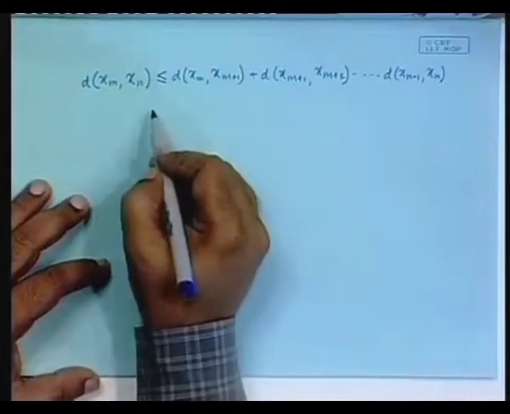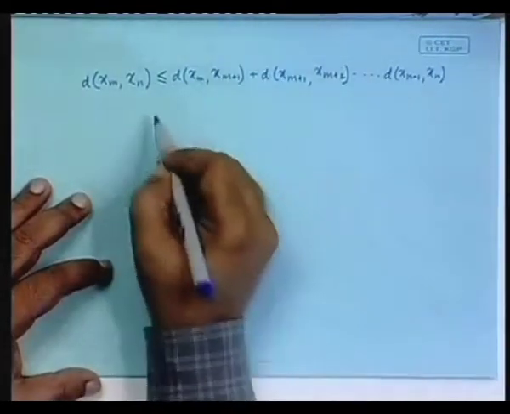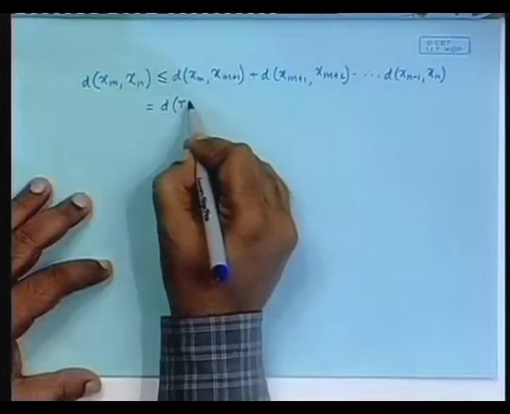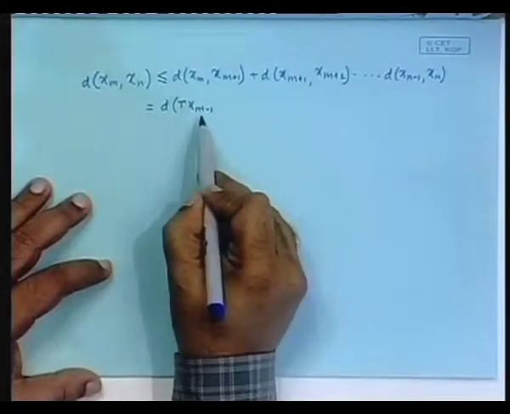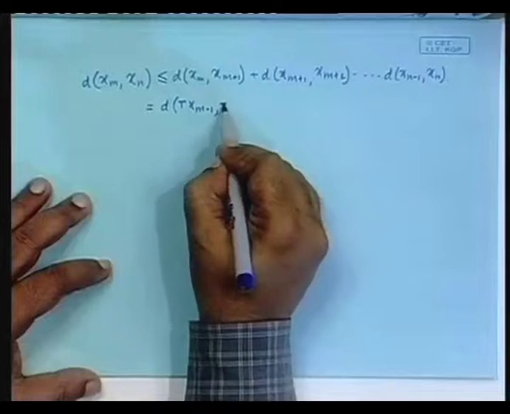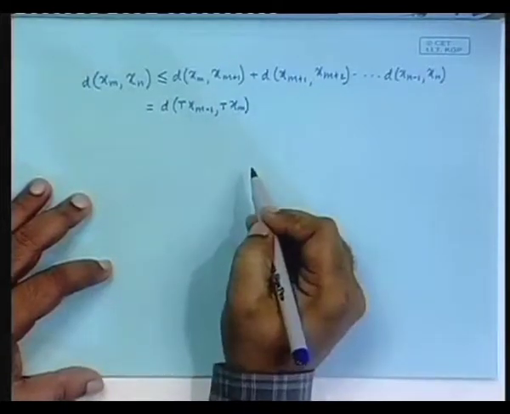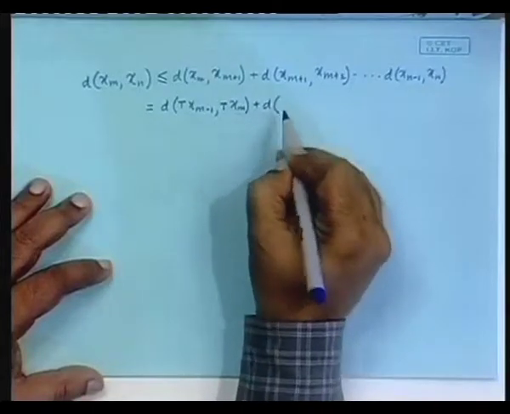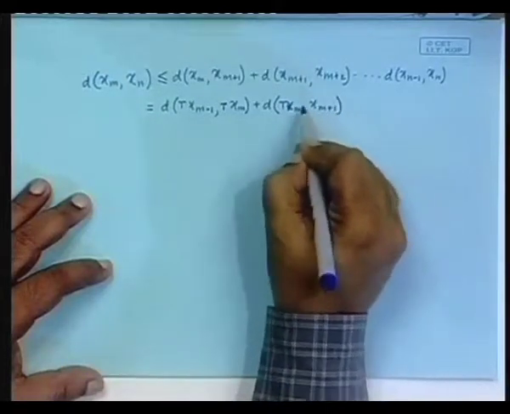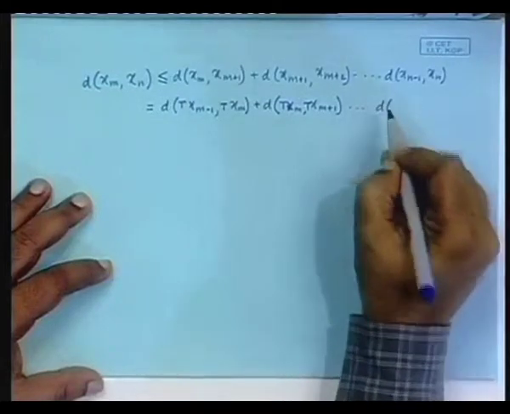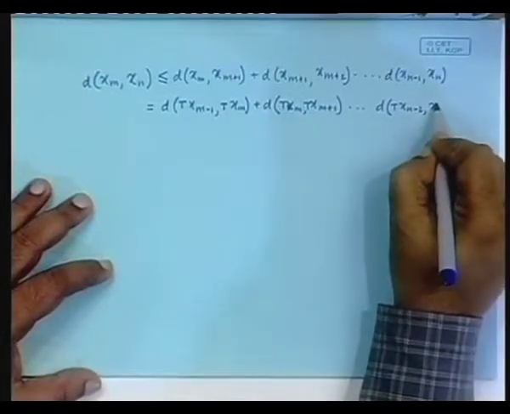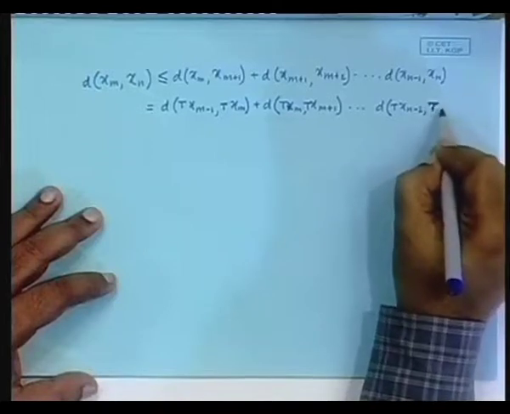Now, this we can further write, the right hand side, as d of t of x m minus 1, because t applied on x m minus 1 yields x m, comma t of x m, plus d of, in the same way, t of x m, t of x m plus 1, and so on, up to d of t of x n minus 2, t of x n minus 1.